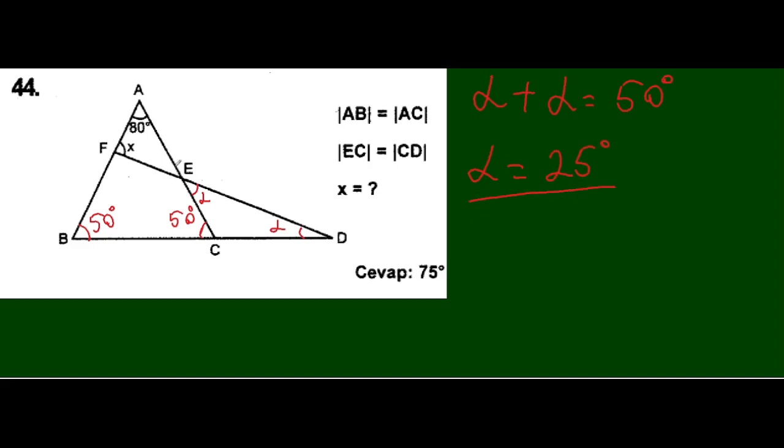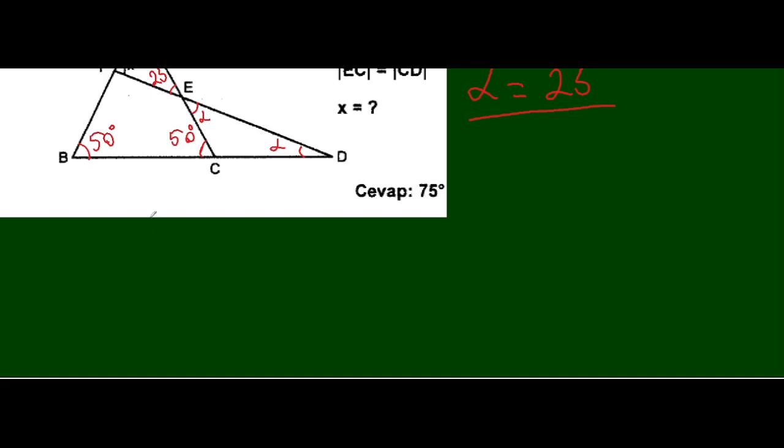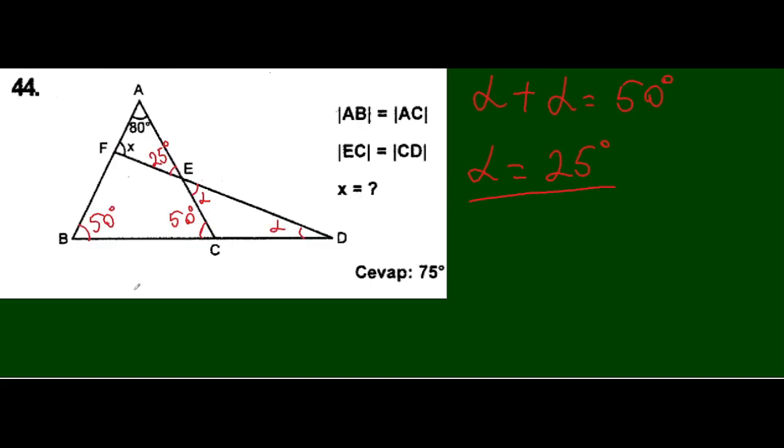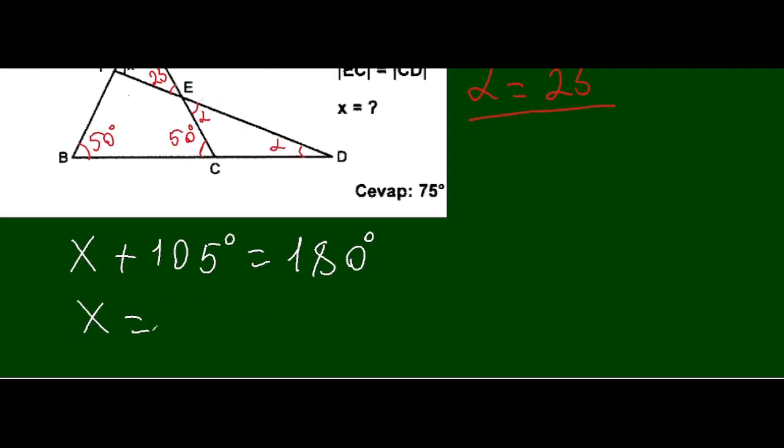And here we know that this angle will also be alpha because they are vertical angles. So 25 degrees, and from the sum of the interior angles of the triangle, we can write down that x plus 105 degrees has to be 180 degrees. Here we know that x is equal to 75 degrees.